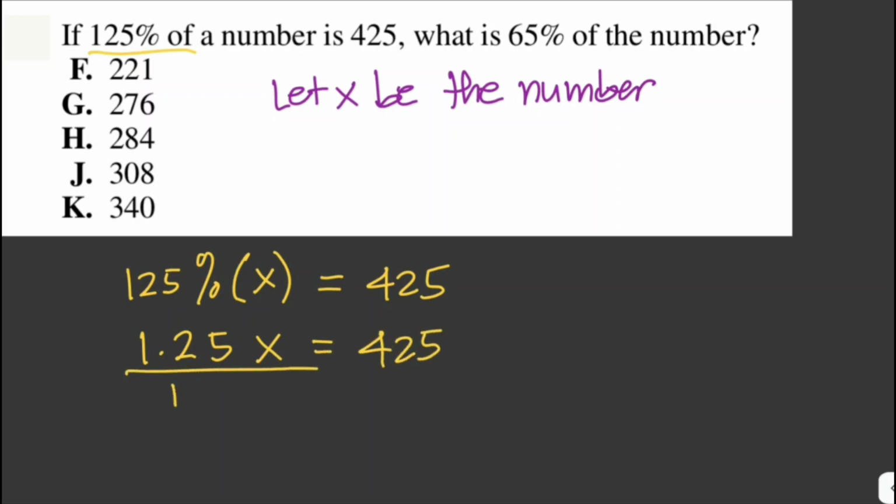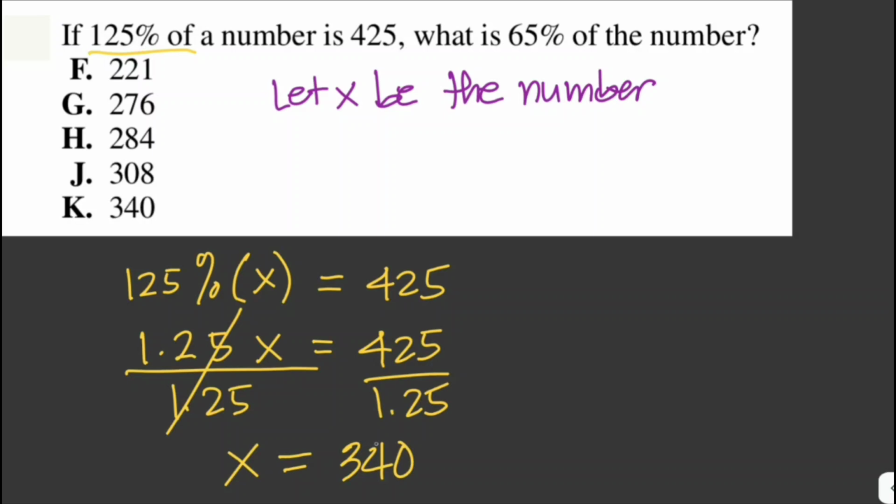We divide both sides by 1.25. Therefore, the value of our number is just equal to 340. So the number is equal to 340, and now we can solve 65% of the number.